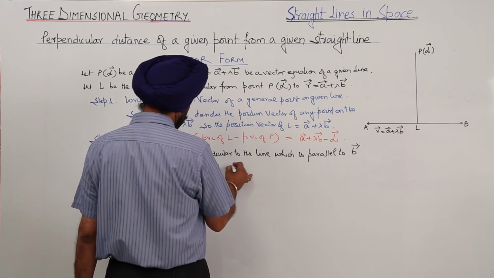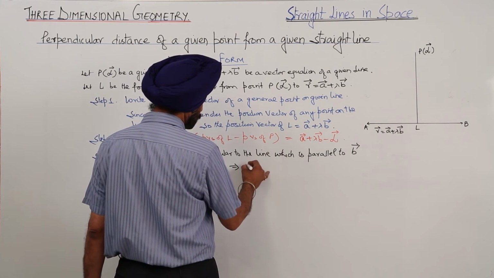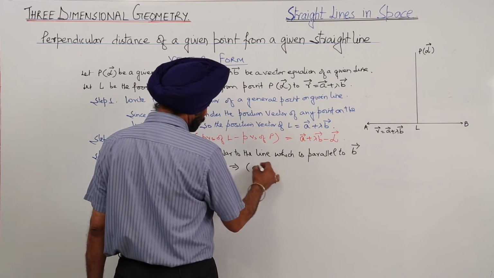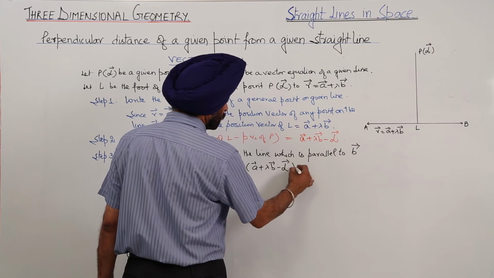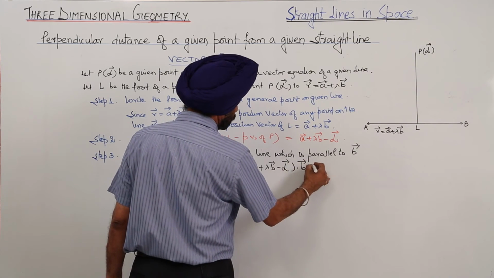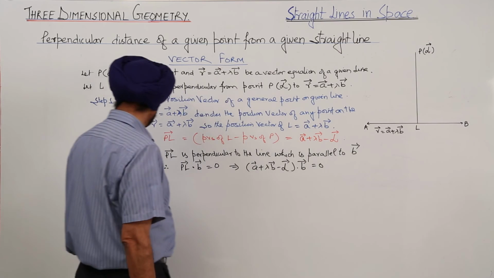Now this means A plus lambda vector B minus vector alpha, dot vector B, is equal to 0.